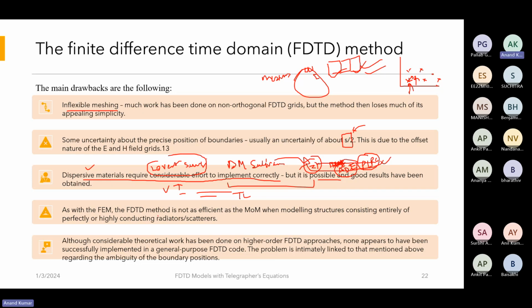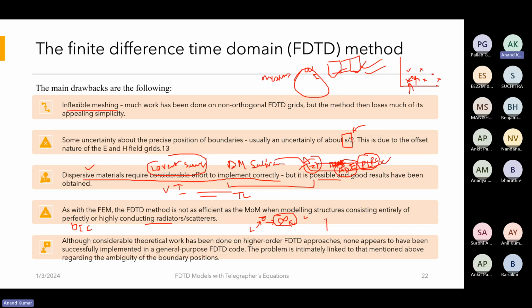As with FEM, the FDTD method is not as efficient as the method of moments for modeling structures containing PECs and radiating conductors because the model uses sigma values, and for PECs, the sigma is infinite, and we can't really handle infinity inside the code. We will use large values, but not infinities, while modeling PECs.